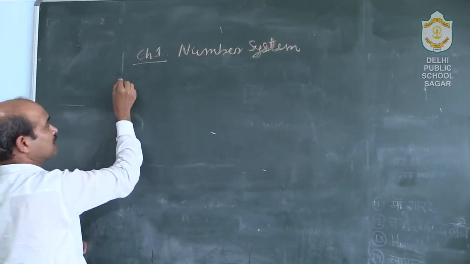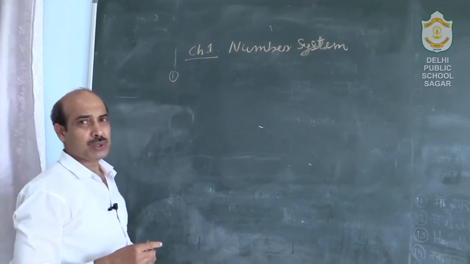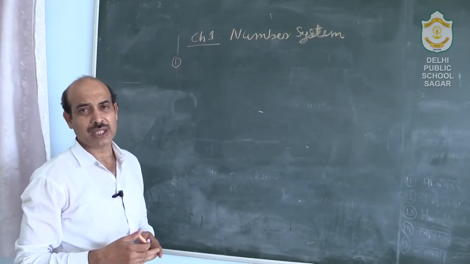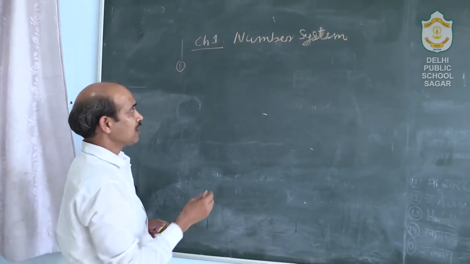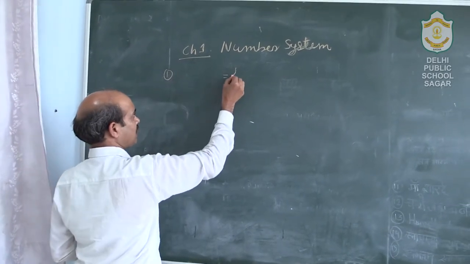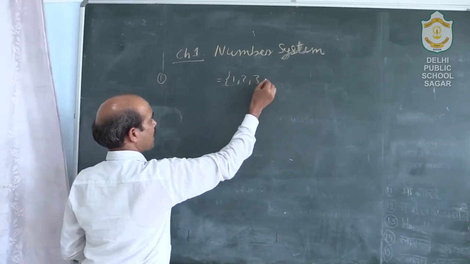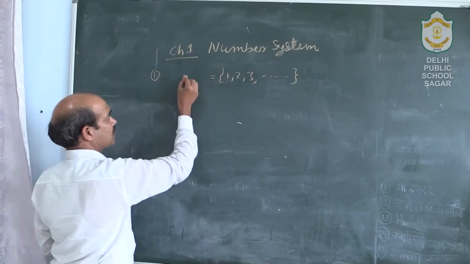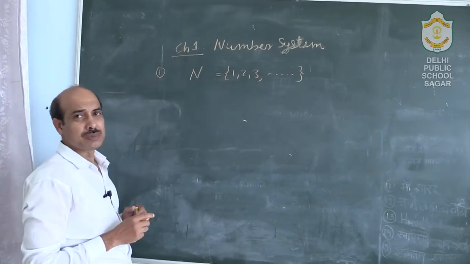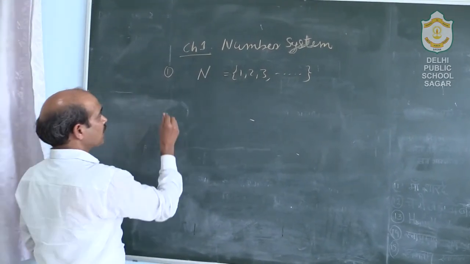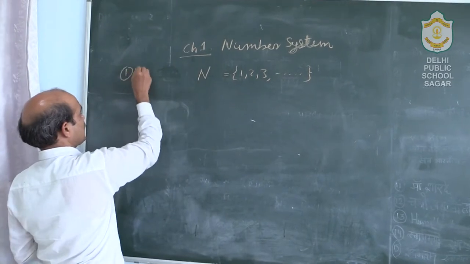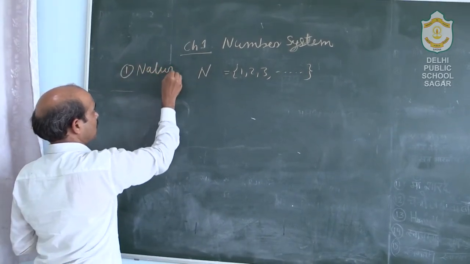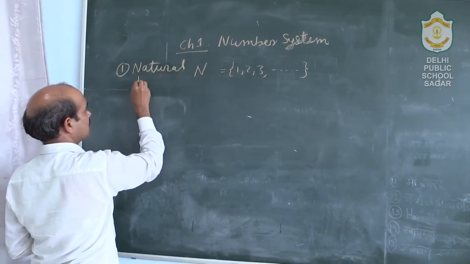Number System. We know that 1, 2, 3, 4 and so on are called natural numbers, and all these numbers are denoted by the symbol N, which is called natural numbers.